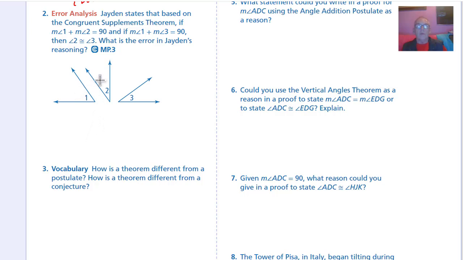If 1 and 2 are equal to 90, that means these are complementary angles. And if 1 and 3 are 90, that means these are complementary angles. So what they have between them, between 1 and 2 and 1 and 3, is actually angle 1, which leaves angle 2 congruent to angle 3.